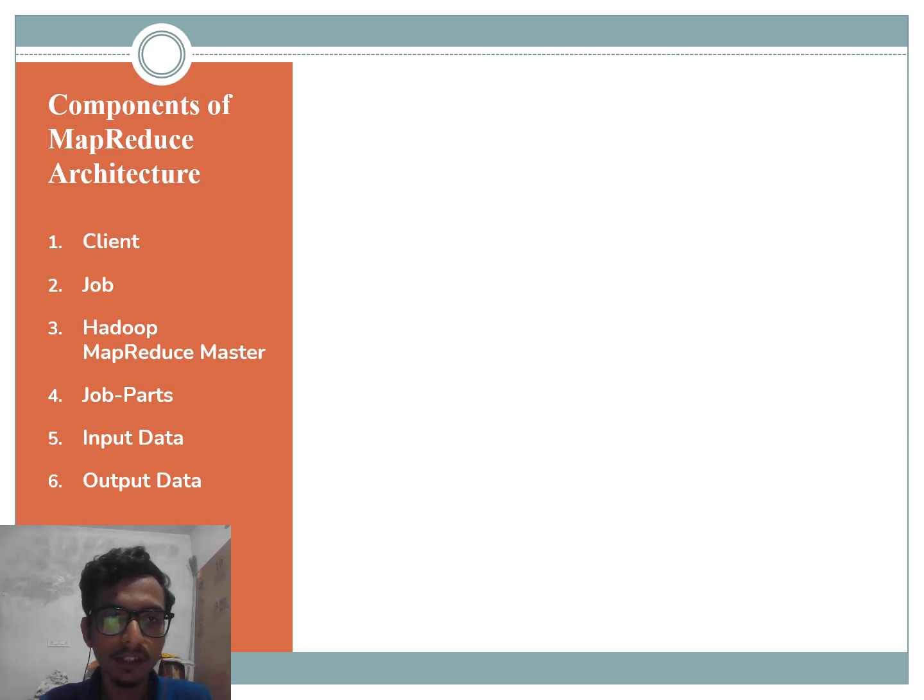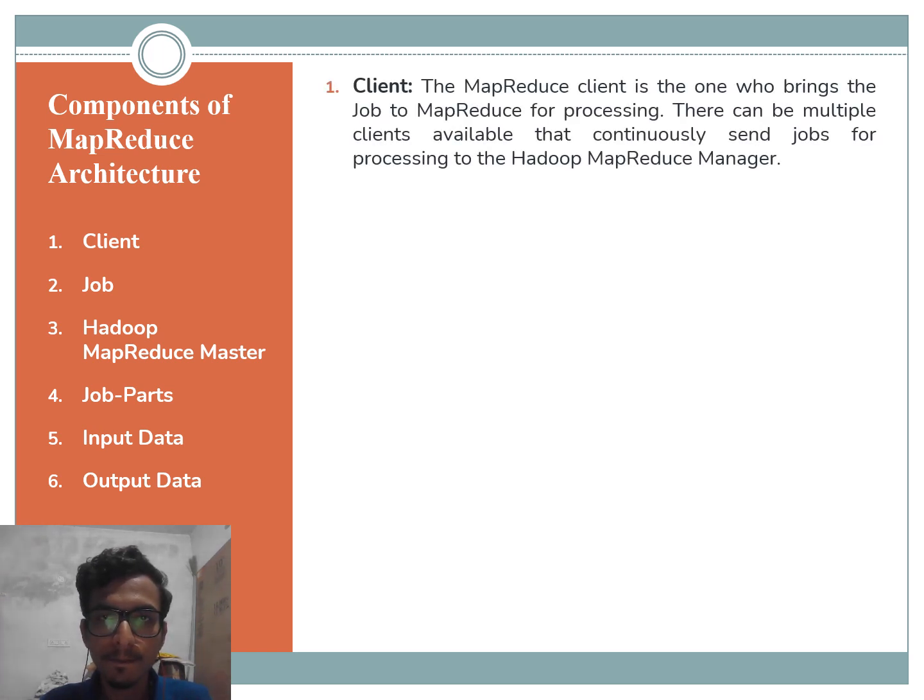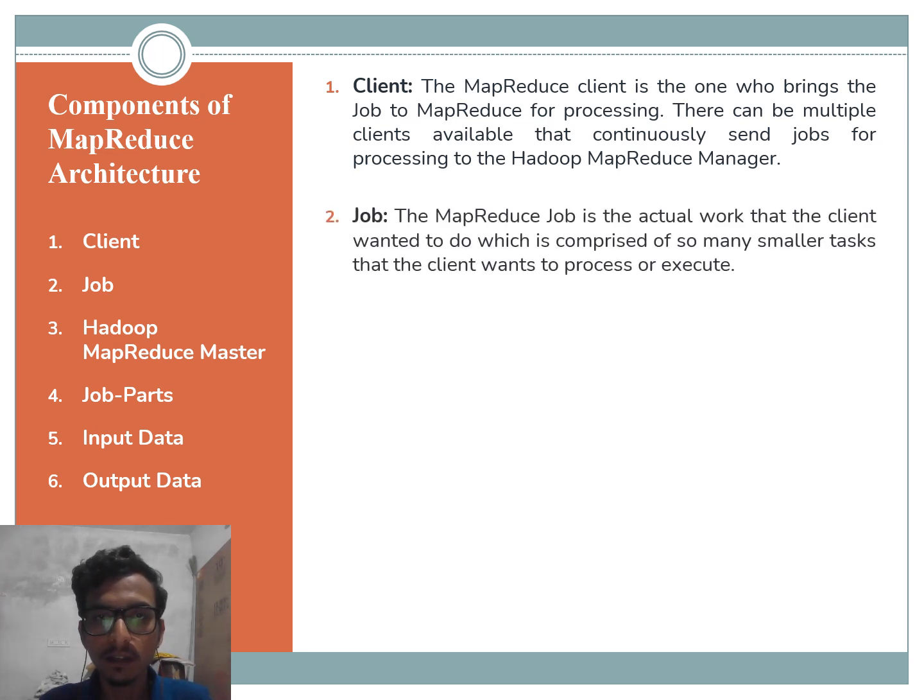There is a client job, as I said, there is the MapReduce master, job parts, input part, and output part. Client is someone who brings the job to MapReduce for processing. There can be multiple jobs. Then the job is the actual work that the client wanted to do, which is comprised of many smaller tasks.